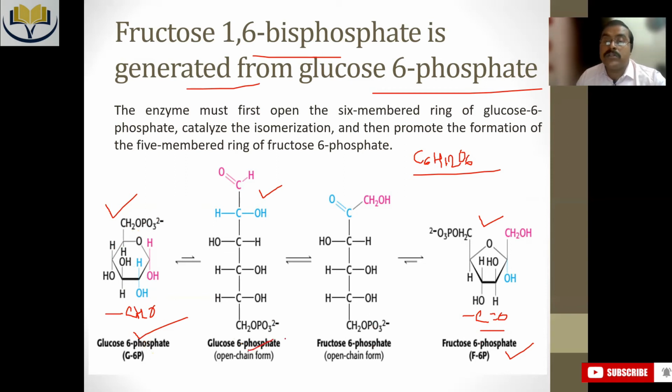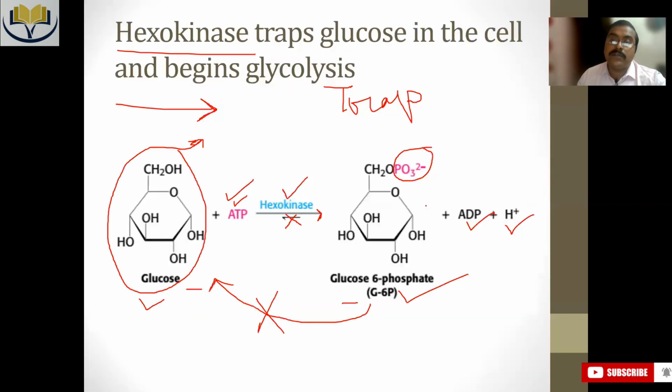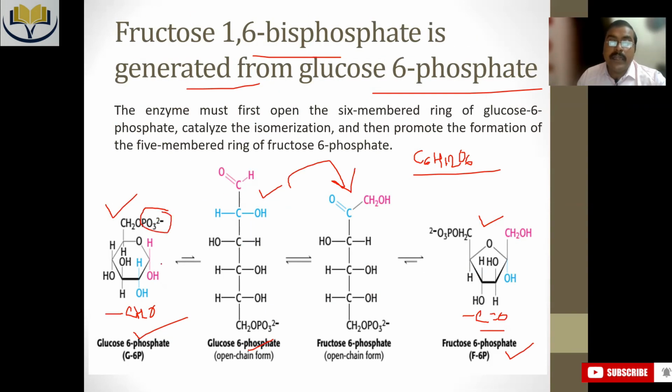Then open chain glucose 6-phosphate is isomerized to form fructose 6-phosphate, and then fructose 6-phosphate is again converted to the ring structure of fructose 6-phosphate. The enzyme required here is phosphohexose isomerase. So in overall, it's a phosphate containing hexose isomerization process. That is why the name of the enzyme is phosphohexose isomerase.